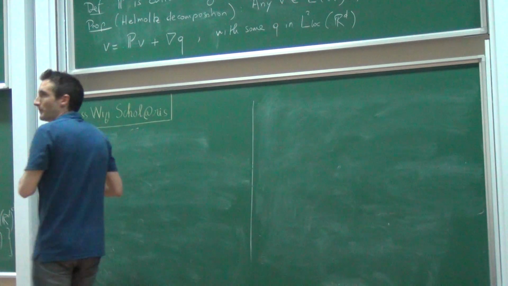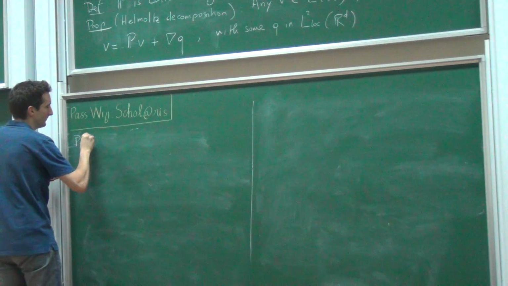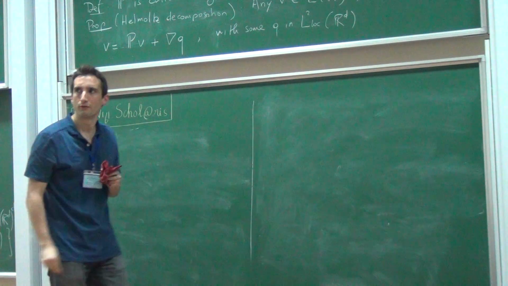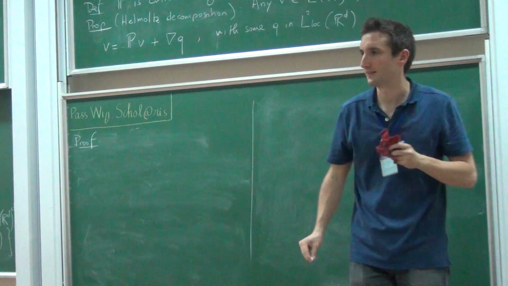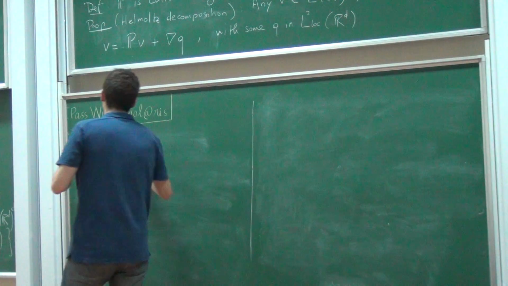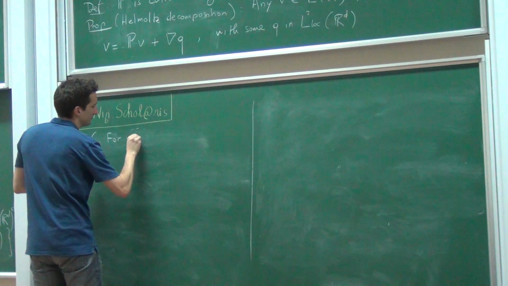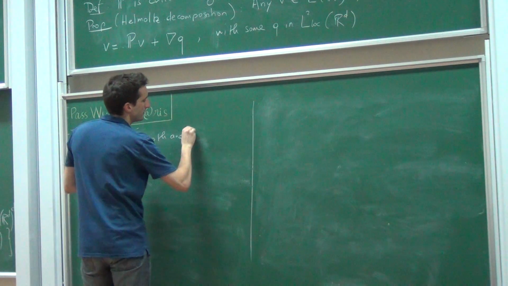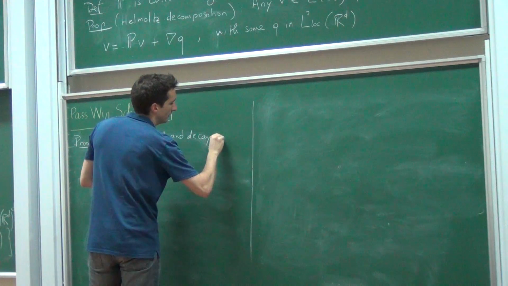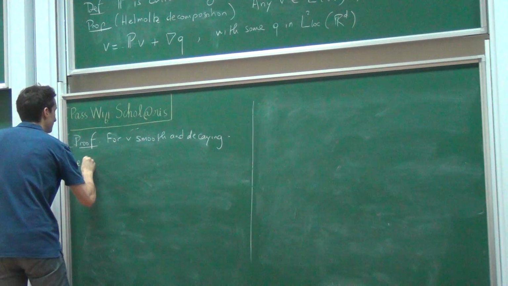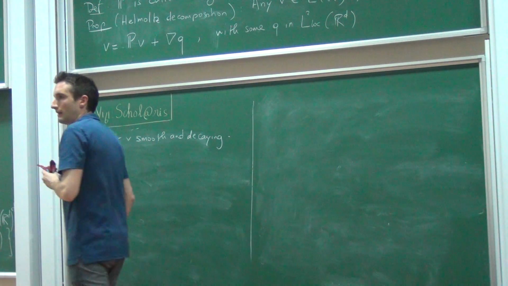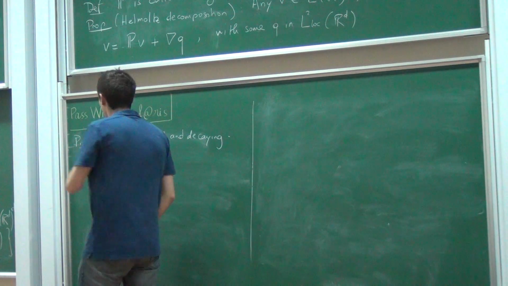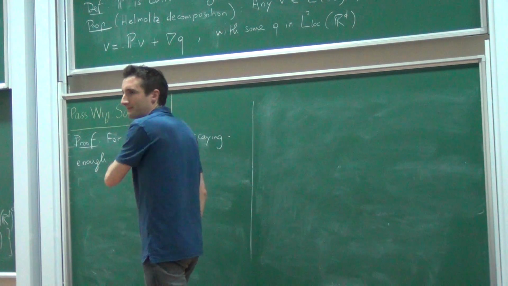So just a word about the proof of this Helmholtz decomposition. I will leave this more as an exercise. Of course, for V smooth and decaying enough, how do you define P for this kind of very nice fields?